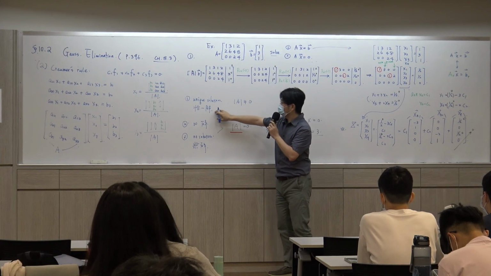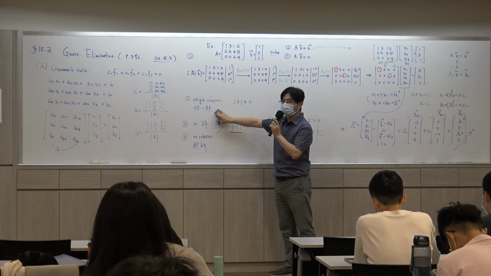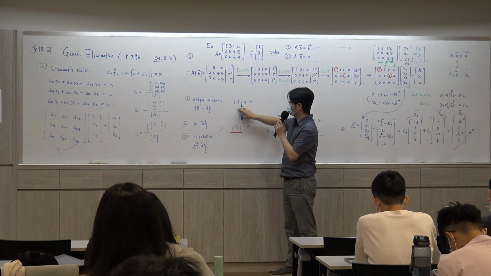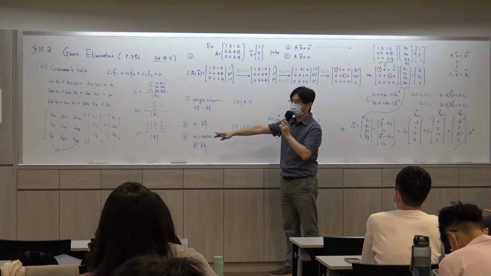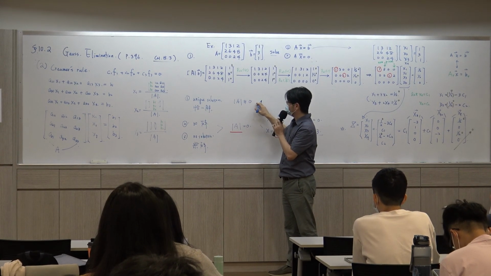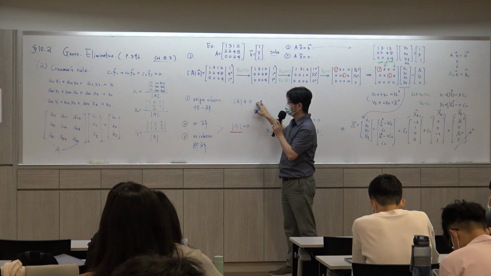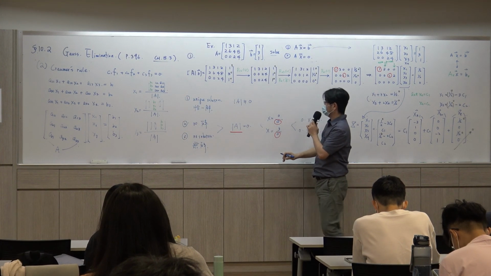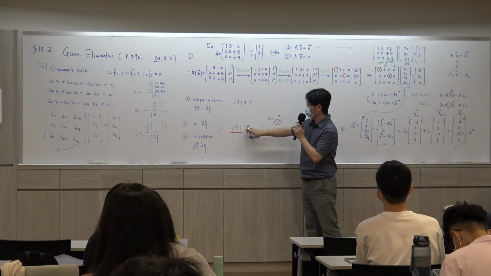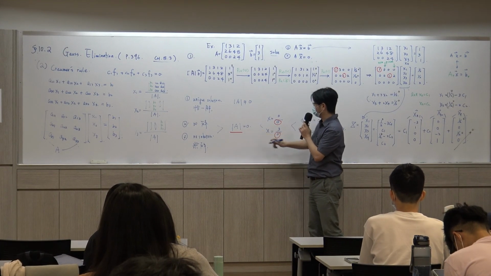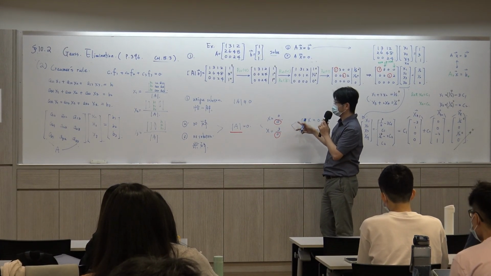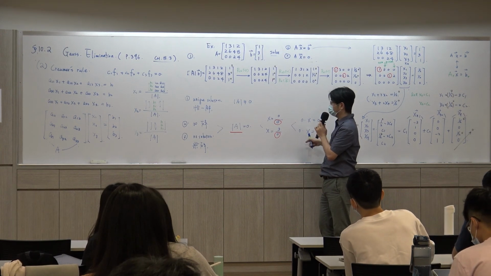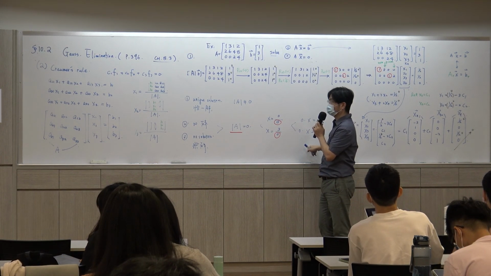The first is a unique solution. It requires the determinant of the coefficient matrix not equal to 0. And if the determinant equals 0, then you will have two cases. One is an infinity solution, the other is no solution.